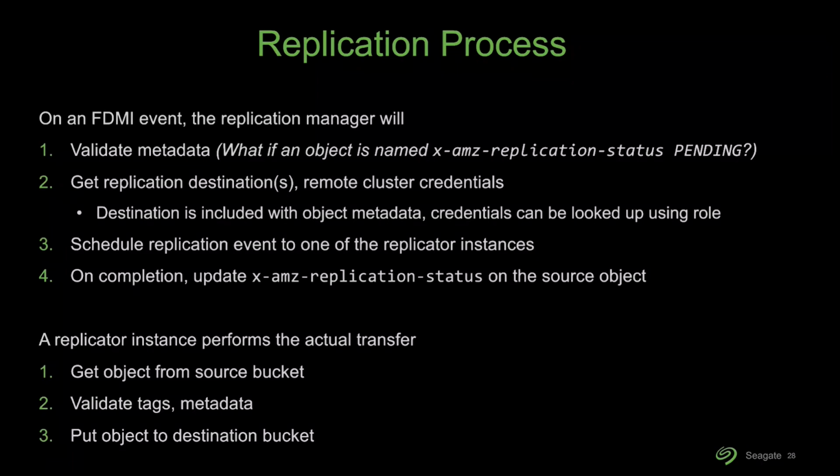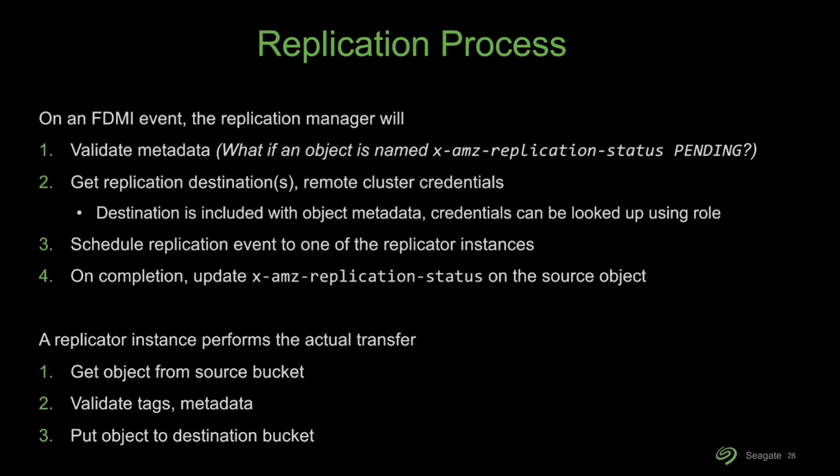So the basic process here is fairly straightforward, similar to what I think I covered a lot of in the last slide. When an FDMI event comes in that indicates that we need to do some replication, then we'll need to validate the metadata, to make sure that we don't have any accidental replications happening if there's an edge case, like somebody uses one of our special substrings that just is part of the object name or something.